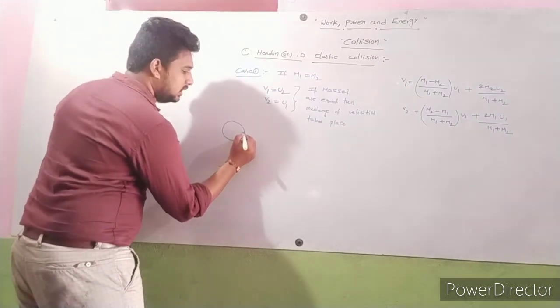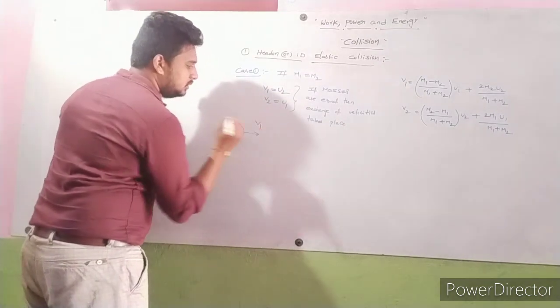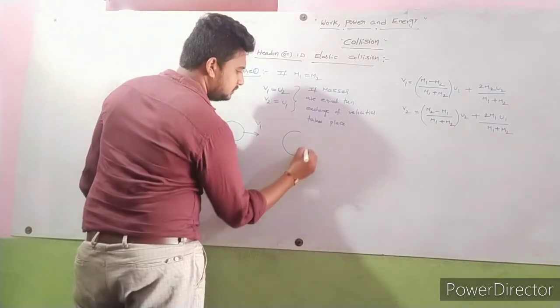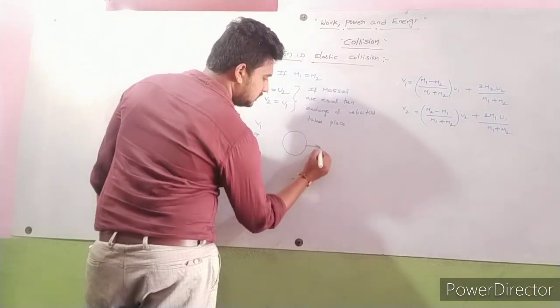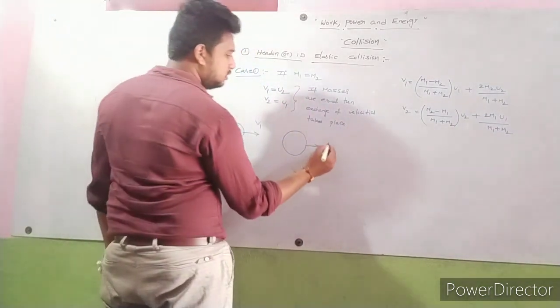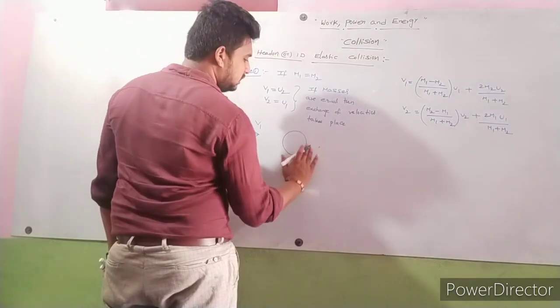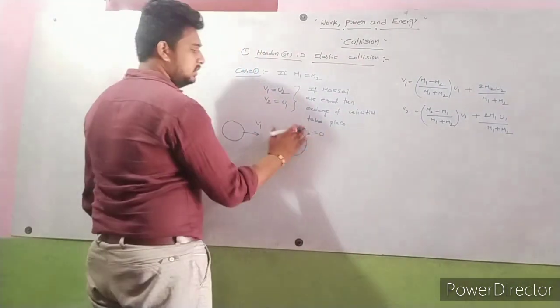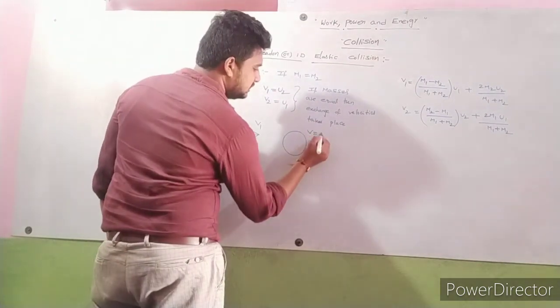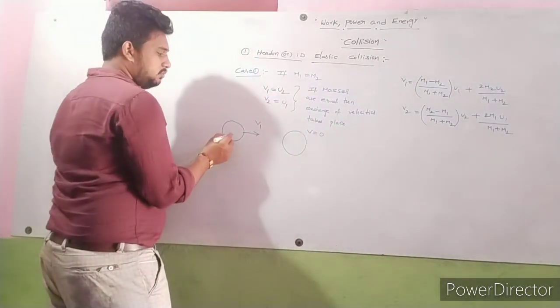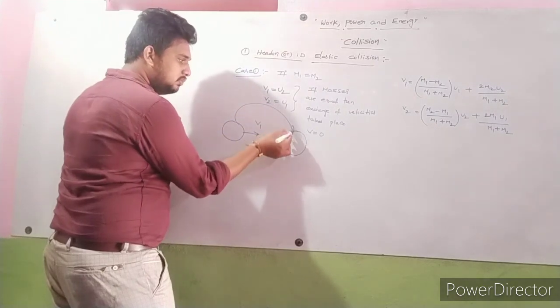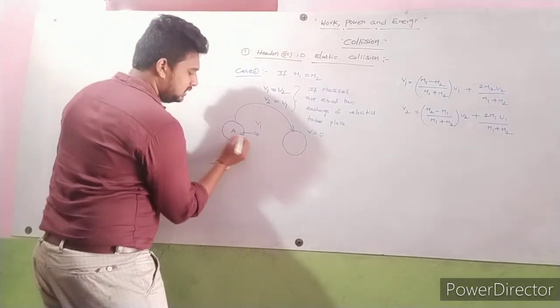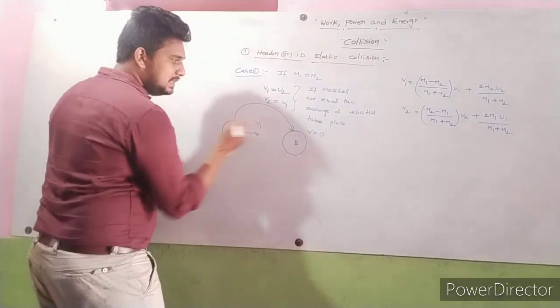This body is moving with velocity v1. And this is another body, which is at rest. So this body is going to move and hit it. This A body hits the B body.